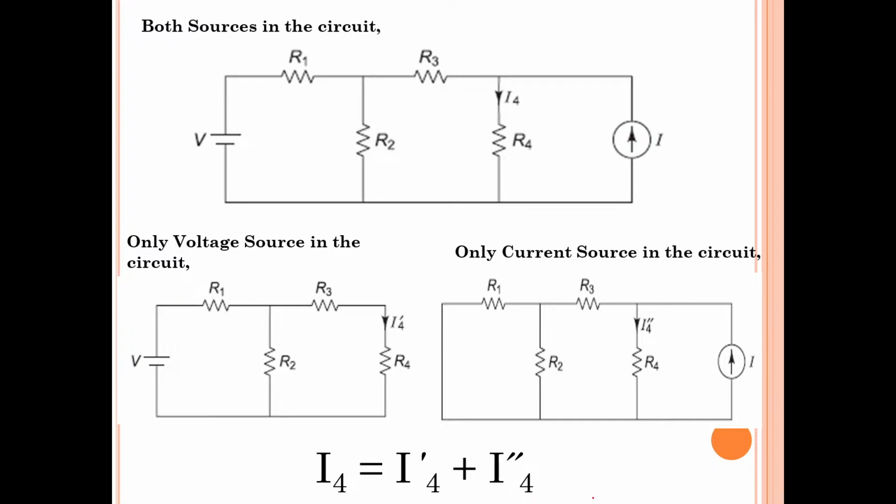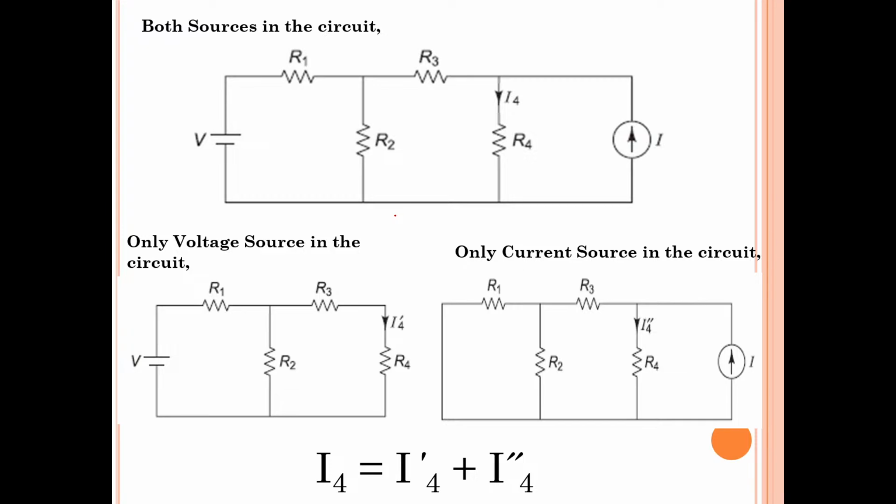If anyone wants me to repeat, just mention it in the chat box. I thought if I represent all images in the same circuit, what do you have to do to verify the superposition theorem? First of all, there should be more than one source in the given circuit.